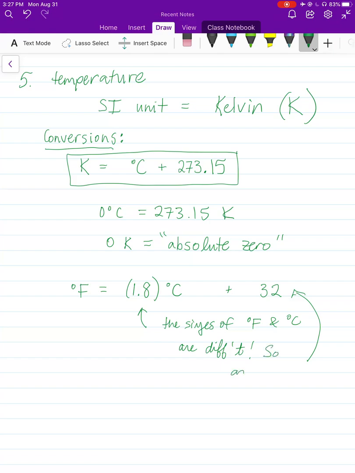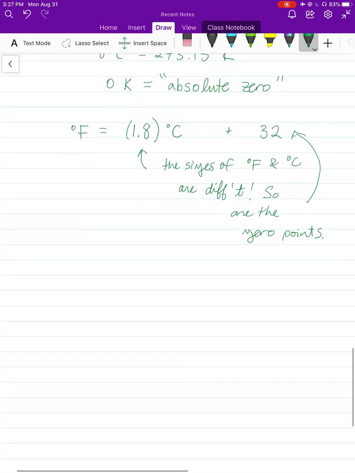With Kelvin and Celsius, the 0 points were the only things that differed. But here, the size of the degree actually differs. Celsius degrees are larger than Fahrenheit degrees. So you not only have a different 0 point, you have a different size of the degree.